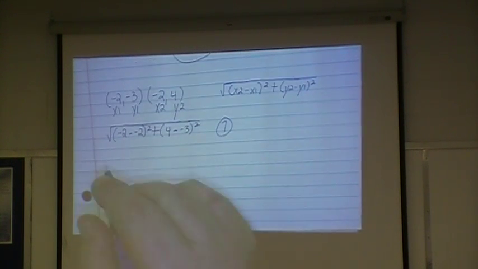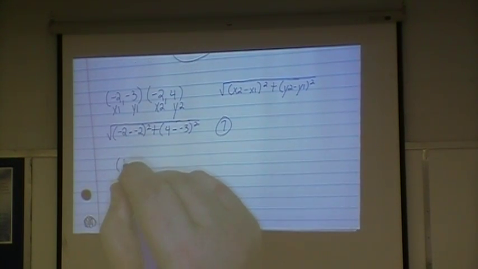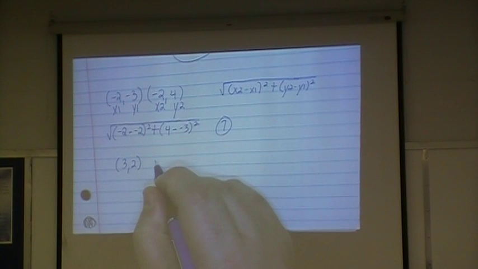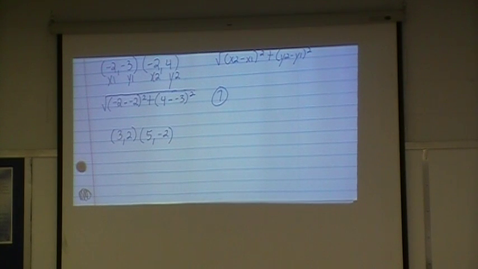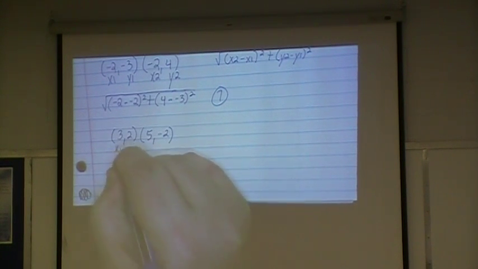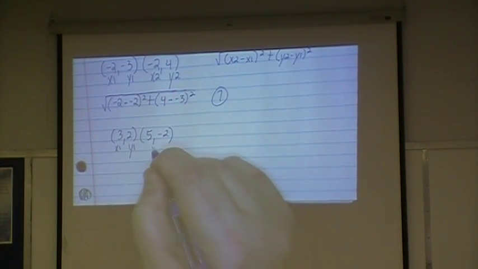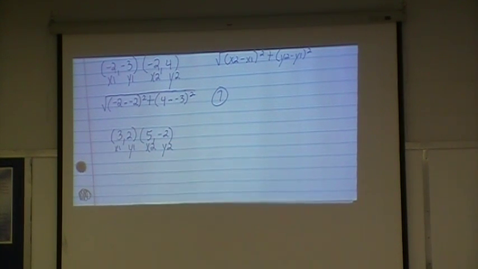Let's try another one. 3, 2 and 5, -2. I want you to label your points: x1, y1, x2, y2.